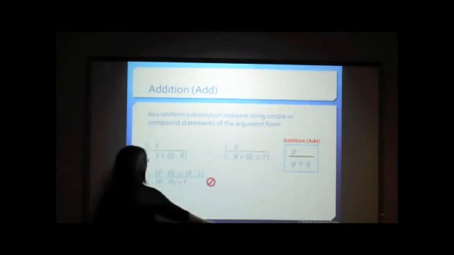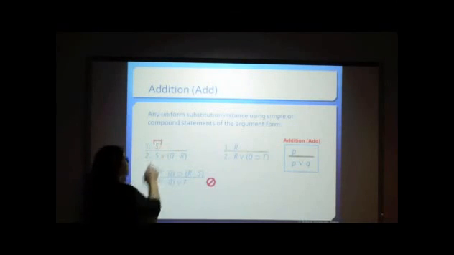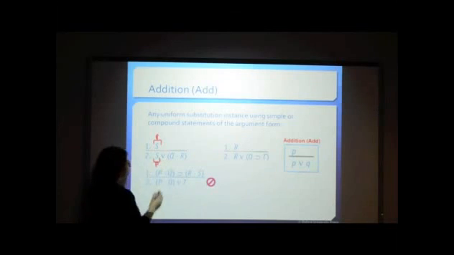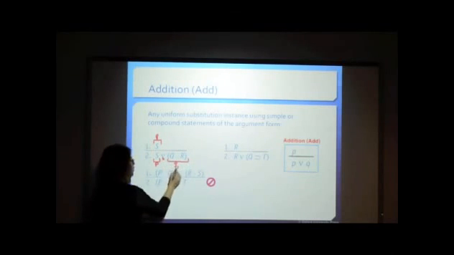Notice how here we have the statement S, which corresponds to the P in the form over there. As the conclusion, we have the statement S as part of a disjunction with the statement Q dot R, which in this case corresponds with the Q in the form of the addition.